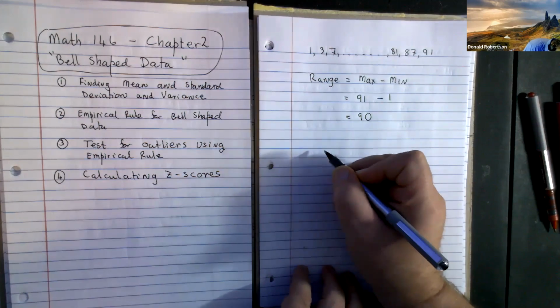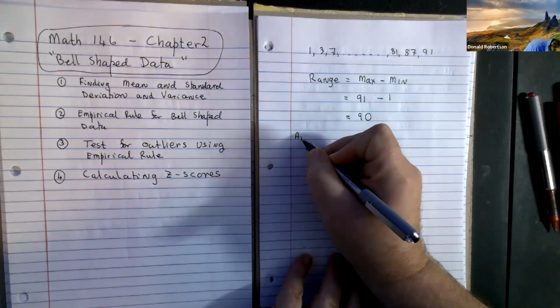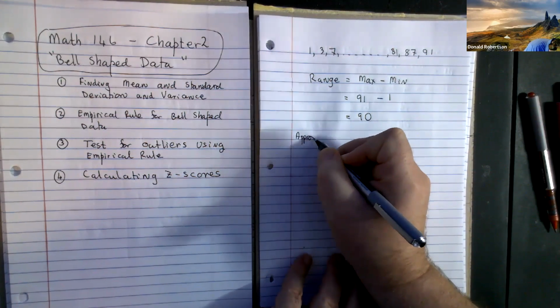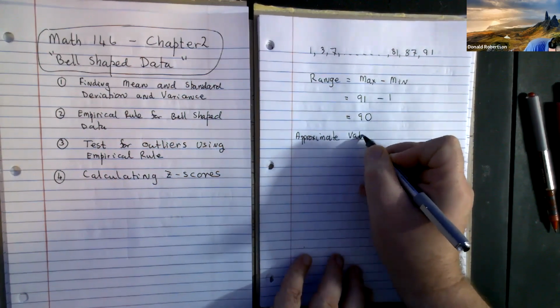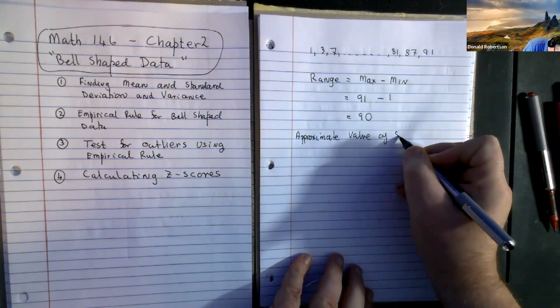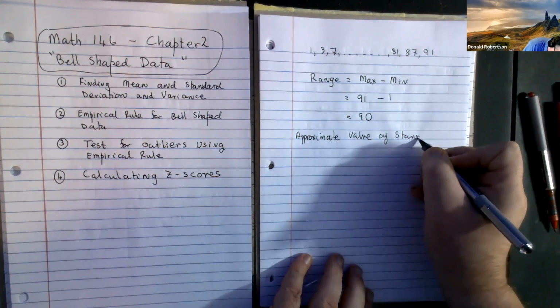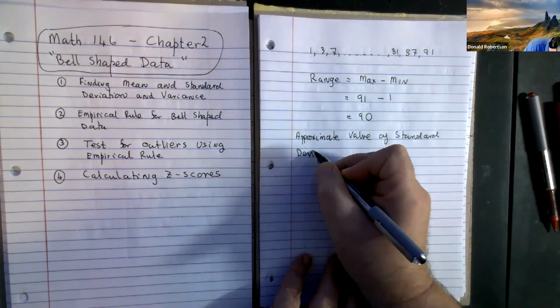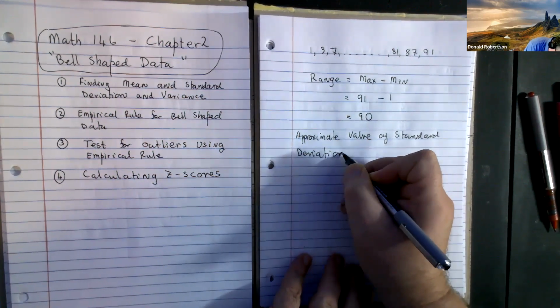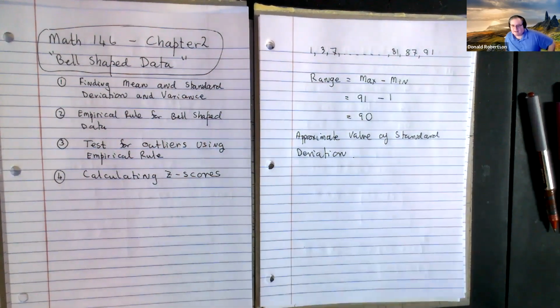There is a formula for getting the approximate value of the standard deviation. So we're not talking about a really accurate answer, but it's an approximate one.